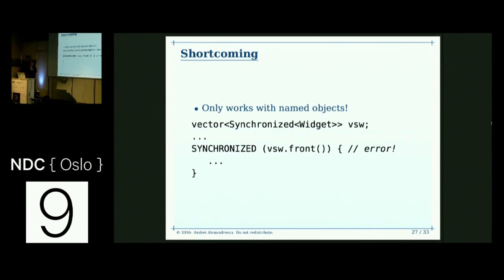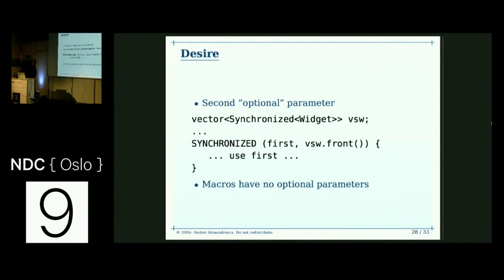I lost a few nights of sleep over that because I need to create a temporary here and it's not pleasant. Here's what I came up with. Well, when one argument is not enough, I'm going to define two. So synchronize with two arguments, and this is my name first, and I'm assigning it from vsw.front.